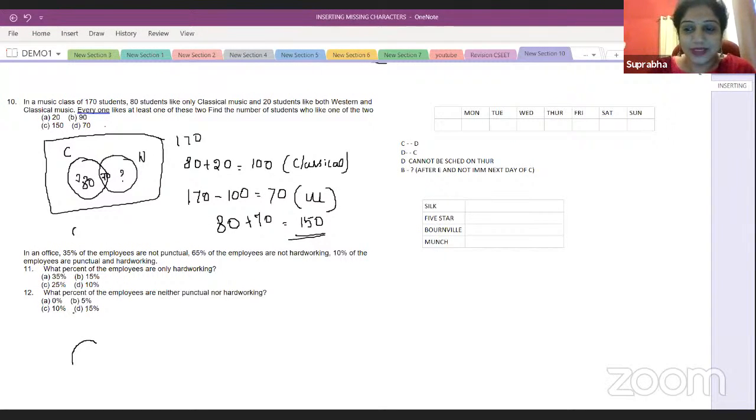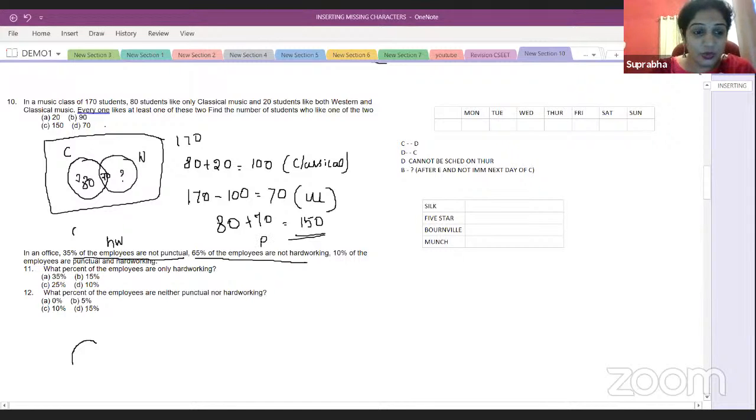Yes. So the understanding goes here. When a "not" question comes, that is where your understanding should go. As I said, 35% of employees not punctual means they are hardworking. Similarly, 65% of employees not hardworking means they are punctual.